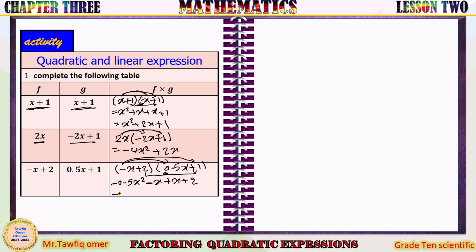Simplifying, minus 0.5x squared minus x plus x is 0, plus 2. We get the quadratic expression.